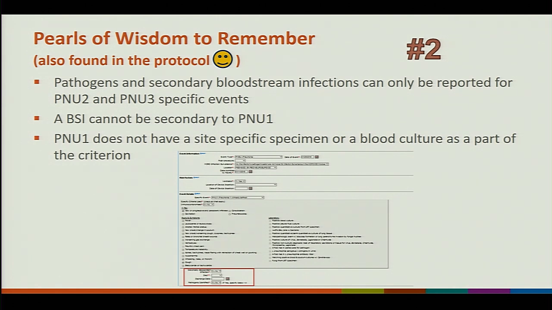Since Latasha has spent time with you talking about how you meet a secondary BSI, without that site-specific specimen or without a blood culture, you're unable to attribute a BSI as secondary. And in fact, if you enter a pneumonia into the NHSN algorithm, the secondary BSI assignment field defaults to no, and you can't change it.